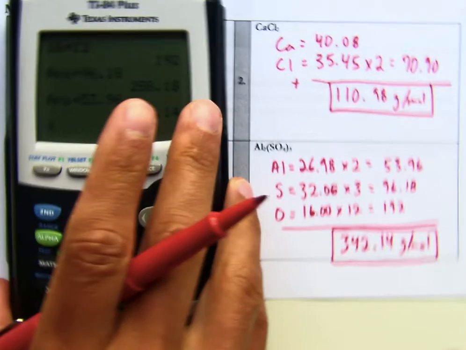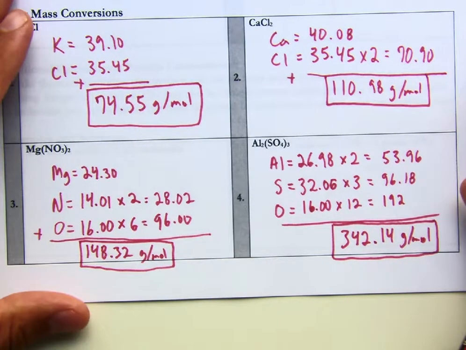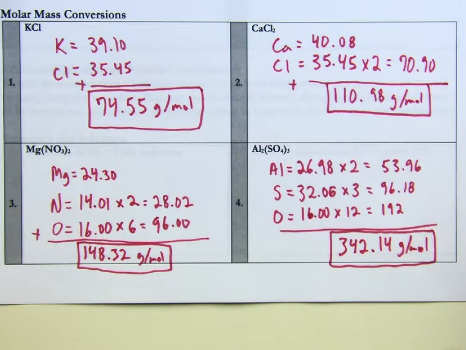Okay, so this is how you calculate molar mass. You add up the mass of each atom, taking into account how many of each atom or each element you have.